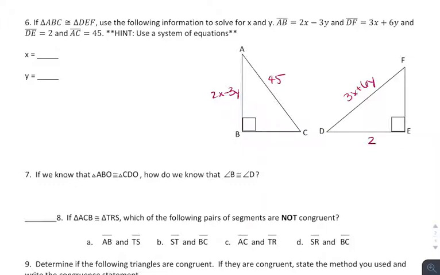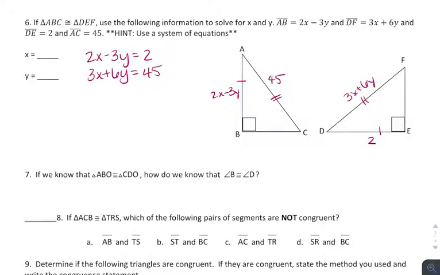So if ABC is congruent to DEF, then AB is equal to DE and AC is equal to DF. So we're going to take these pieces and set up a system of equations.